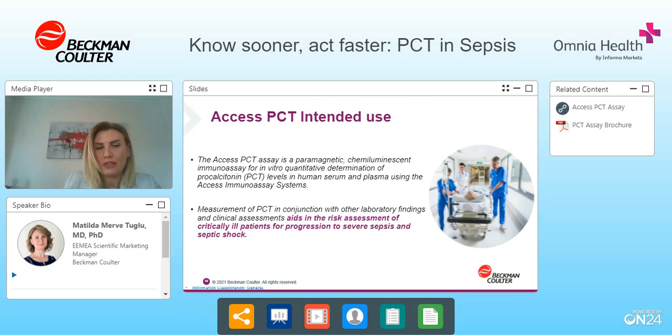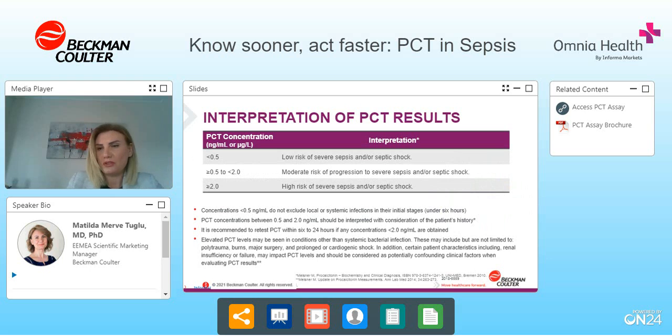Access procalcitonin assay is part of Beckman Coulter's comprehensive assay menu, with the intended use to aid in the risk assessment of critically ill patients for progression to severe sepsis and septic shock. How to interpret procalcitonin results of this assay?